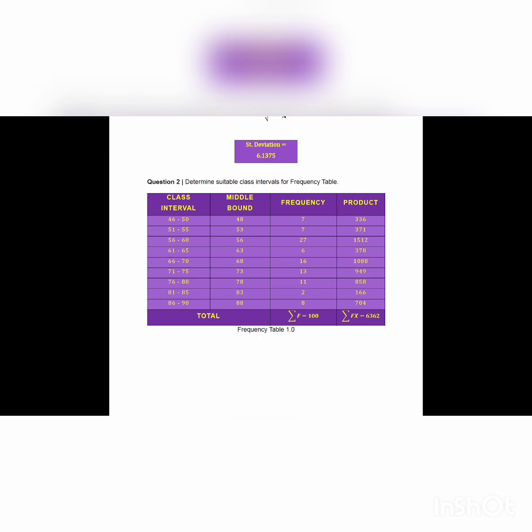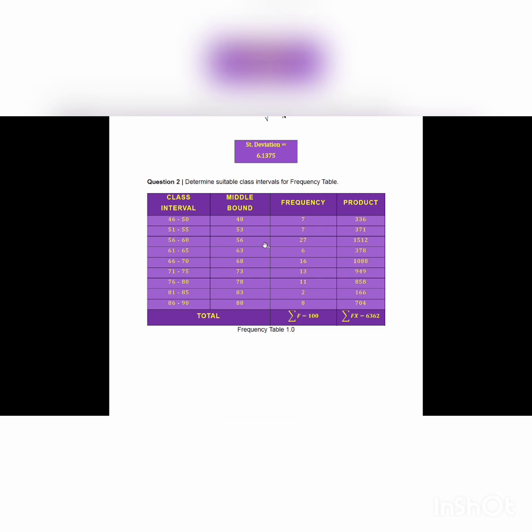From the class interval, we will add the lower bound and upper bound, which is 46 and 50, and 51 and 55. For example, from the addition of both numbers 46 and 50, divided by 2, we will have 48, then 53, and so on.